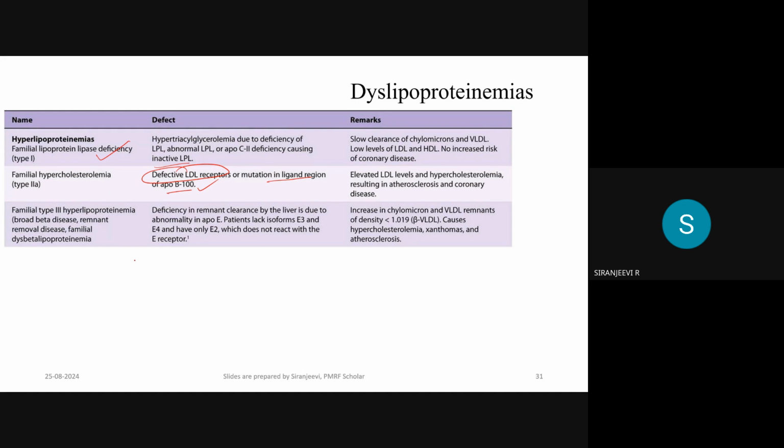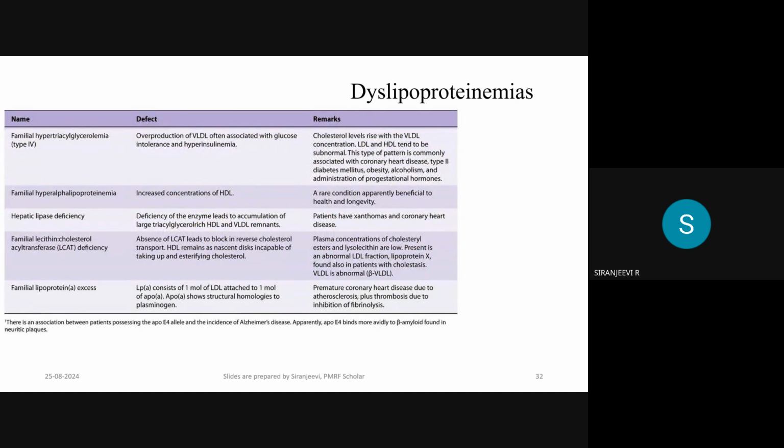This is a deficiency in remnant clearance by the liver due to an abnormality in the ApoE protein, and patients lack the isoforms E3 and E4 and have only E2, which does not react with the E receptor. And we'll see what the findings are. There is an increase in chylomicron and VLDL remnants of density less than 1.019, causing hypercholesterolemia, xanthomas, and then atherosclerosis.